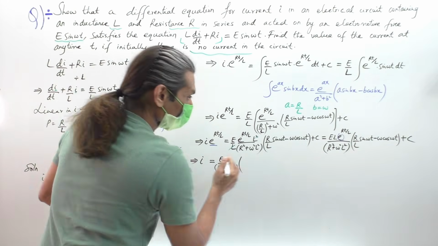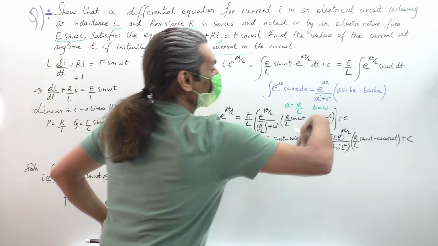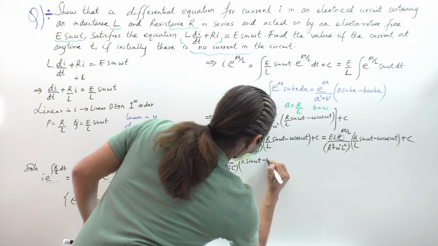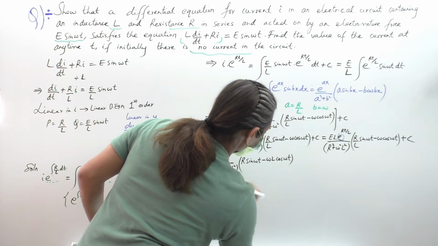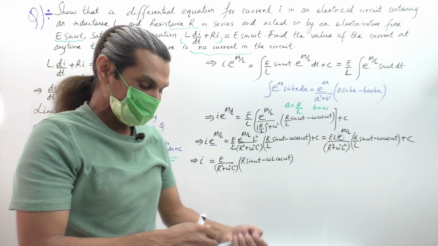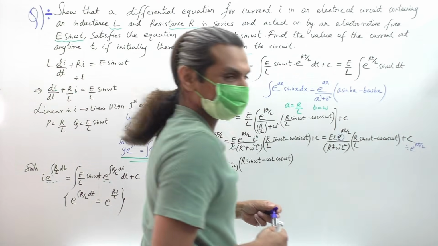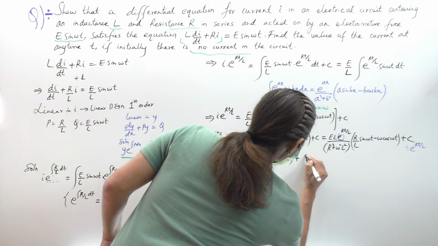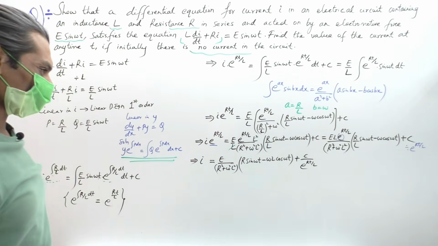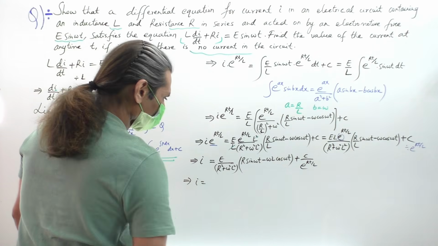It becomes standard form: E by r square plus omega square L square as it is, e raised to rt by L cancels, and when L goes inside, L L cancels. What remains? r sine omega t minus omega L cos omega t. Be careful, very important thing here. There is a constant of integration C. So that means this will be divided by e raised to rt by L. Get it? So plus C divided by e raised to rt by L. That's it. This is what we have. So that implies now clearly we have the equation, r is equal to, what is that?